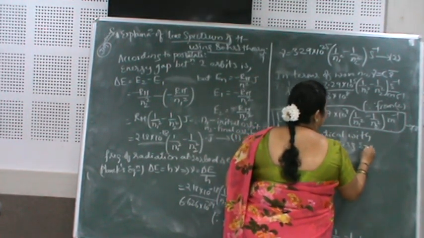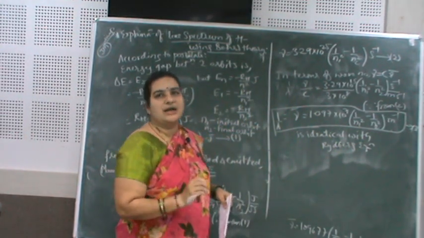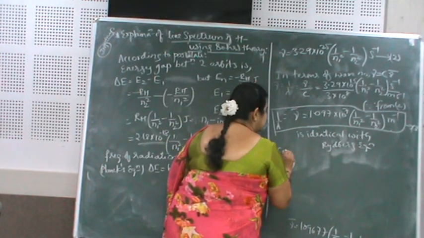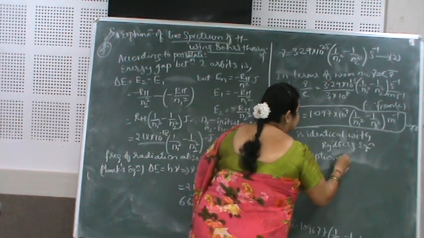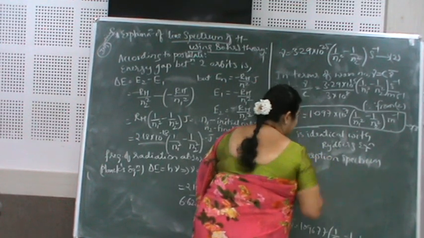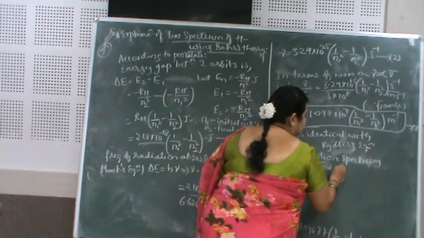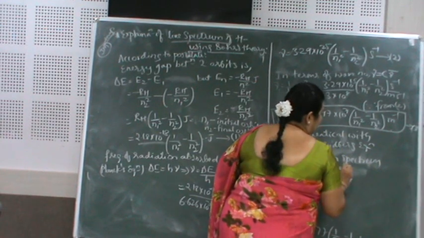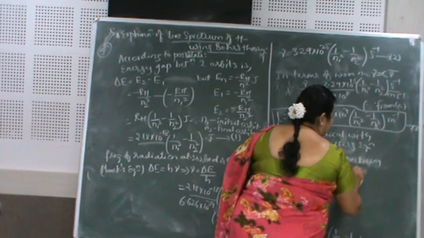So we have explained the line spectra of the hydrogen atom using Bohr's theory. Now for the absorption spectra, energy will be absorbed, so what will be the values of n1 and n2? n2 is greater than n1, ΔE is positive, so heat is absorbed.